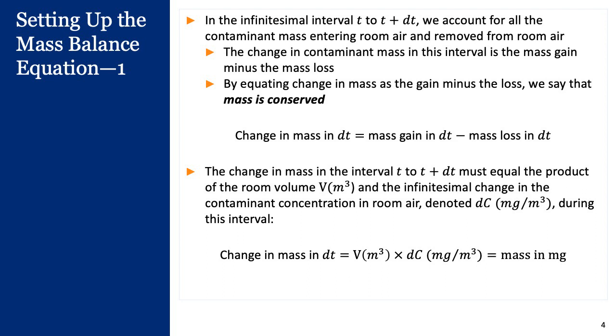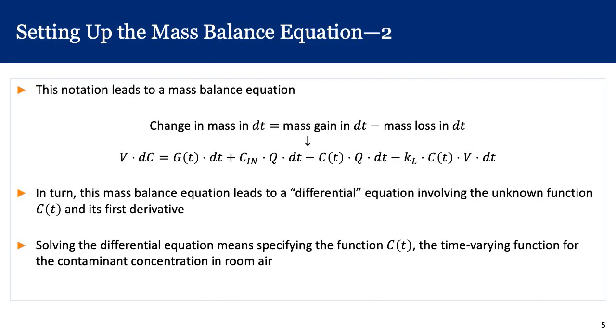And so we can say that the change in mass in dt is V times dc. If you look at the units of this product, again, it is the units of mass, or milligrams. So this notation leads to a mass balance equation: the change in mass in dt is mass gain minus mass loss in that time interval.